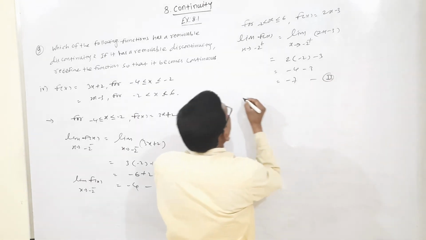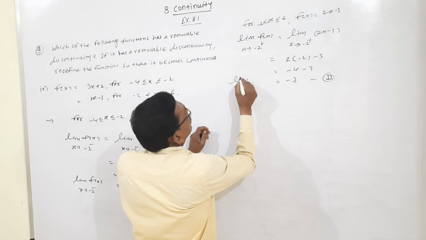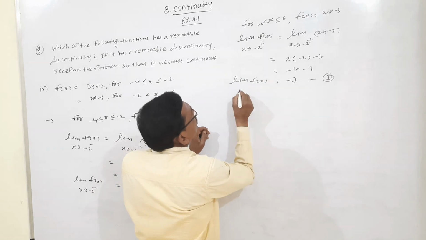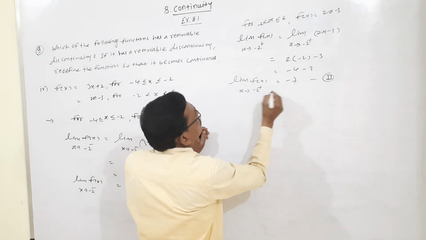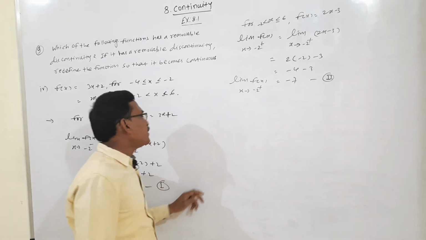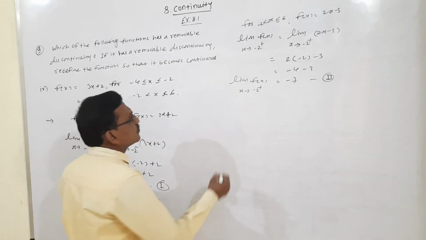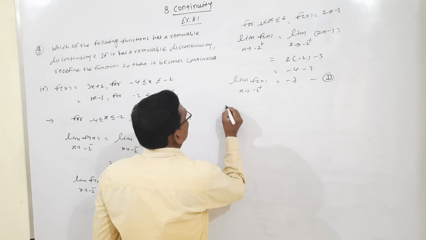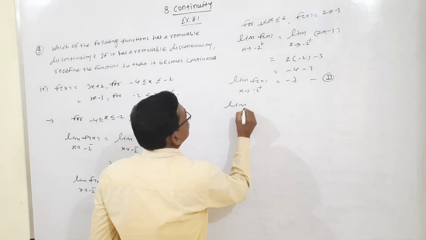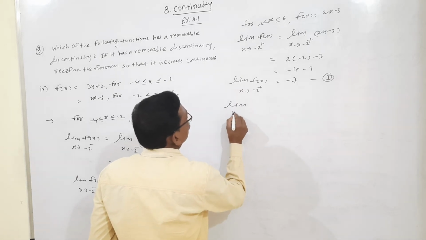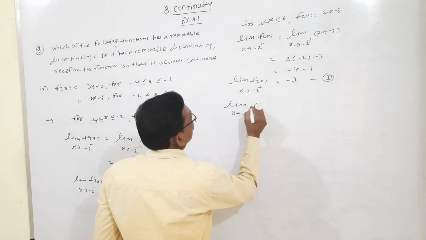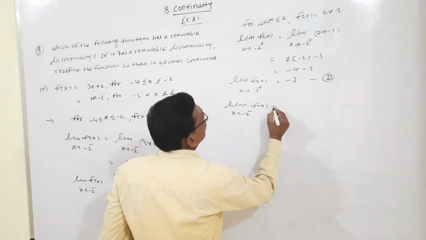Call this equation second. So the right hand limit of the given function is minus 7. So from first and second, they are not equal. The left hand limit is not equal to the right hand limit.